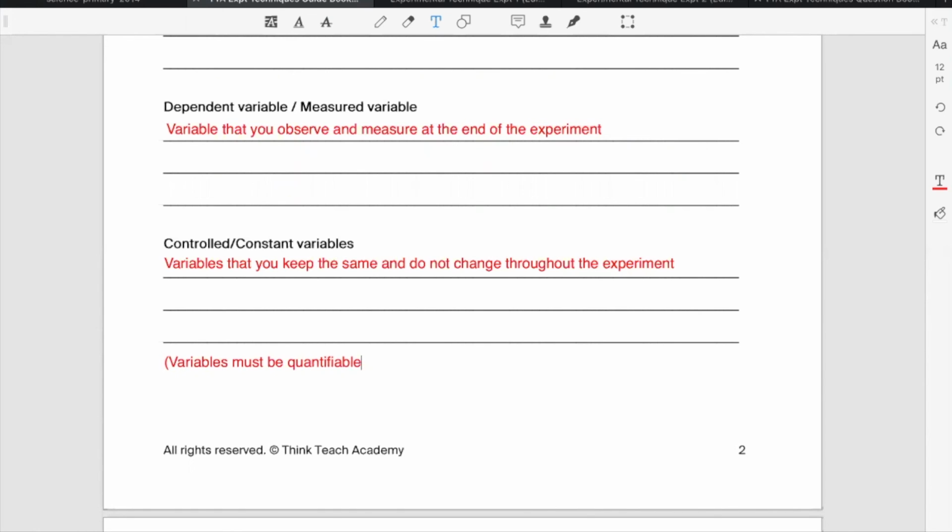This is a big word, but it's actually basically quantity. So what is the meaning of variables must be quantifiable? Quantifiable just means they can be measured. You can measure these variables in some way.